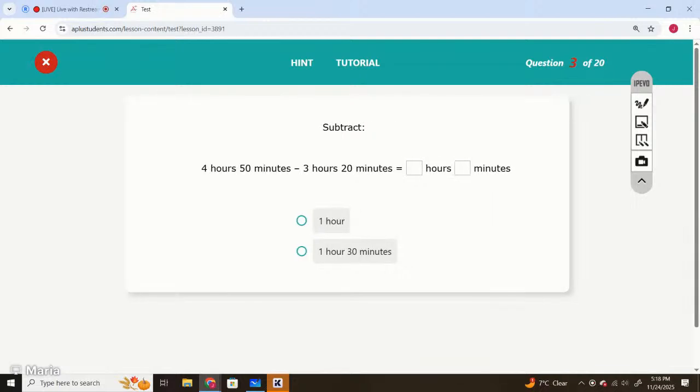Subtract 4 hours 50 minutes minus 3 hours 20 minutes. So which is the correct option? So just subtract hours to hours and minutes to minutes.